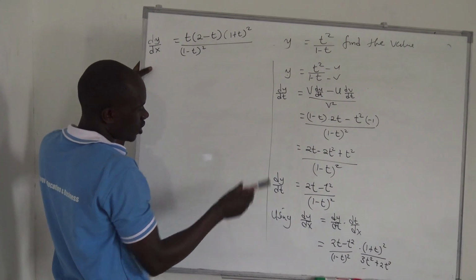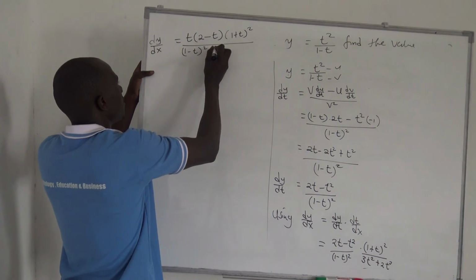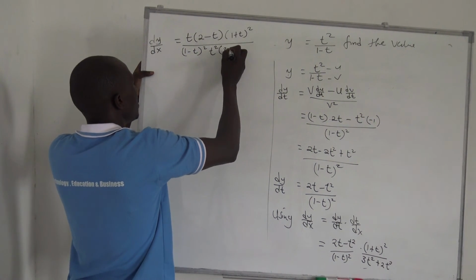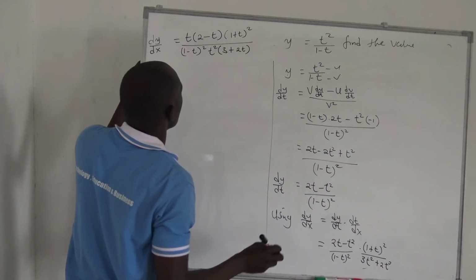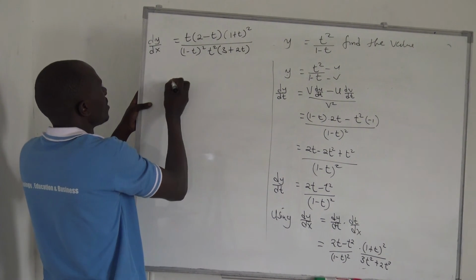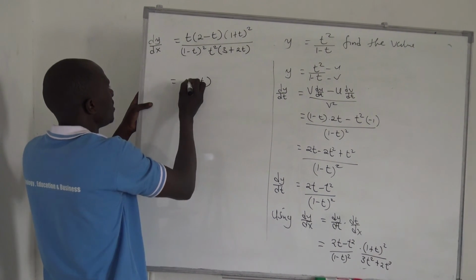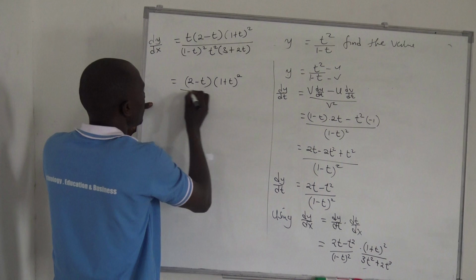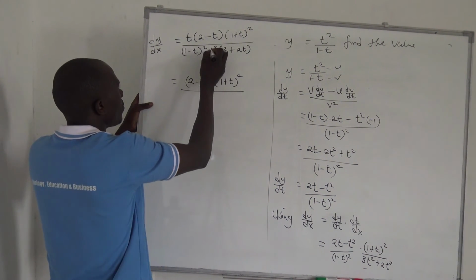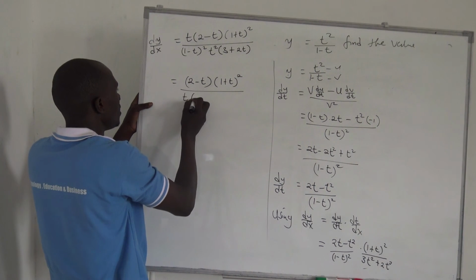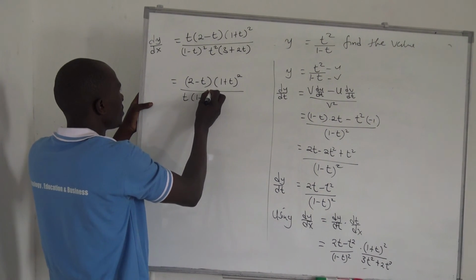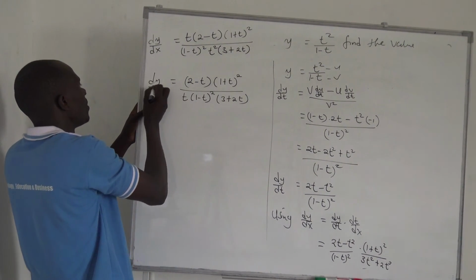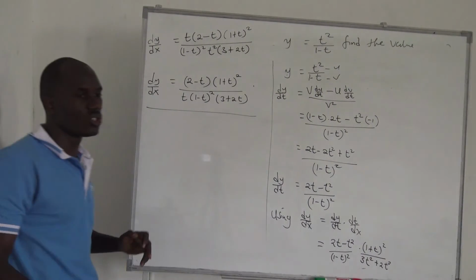What is common there is t squared: t squared into 3 plus 2t. So t reduces, and we remain with 2 minus t into 1 plus t squared, all over t into 1 minus t squared into 3 plus 2t, which is our dy/dx, in terms of t.